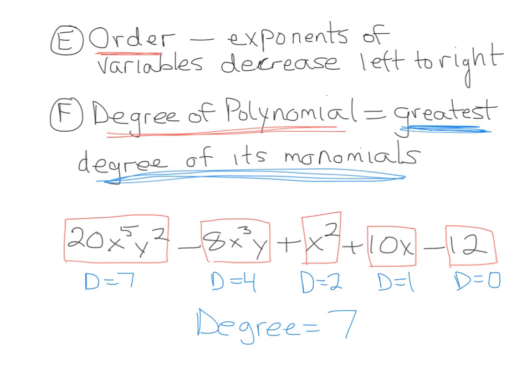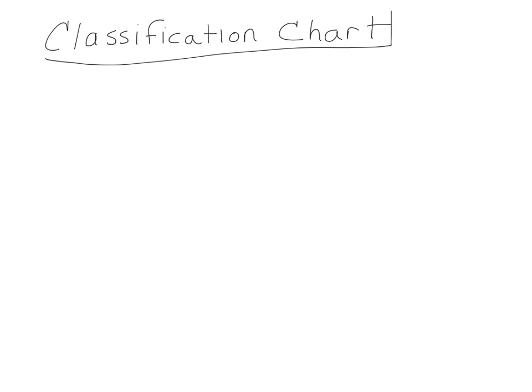All right, just one more thing. The last thing we're going to do is a classification chart. And hopefully this helps summarize everything. I'm going to give you an expression.